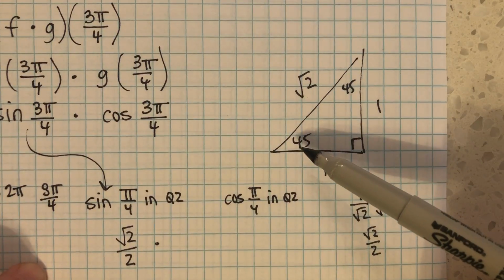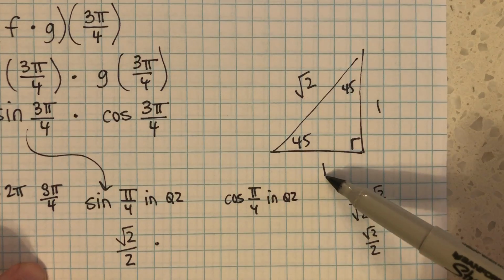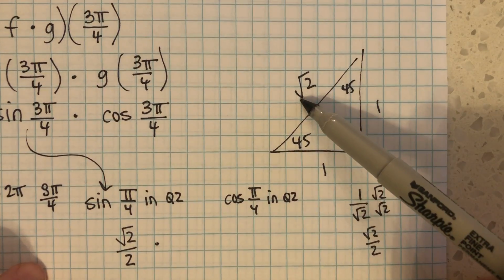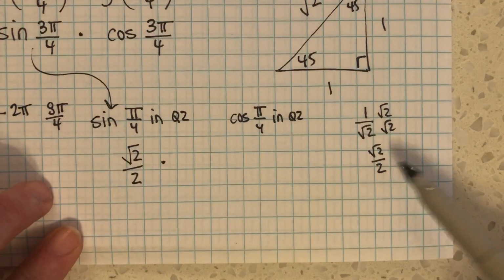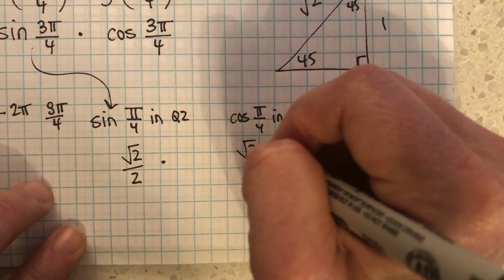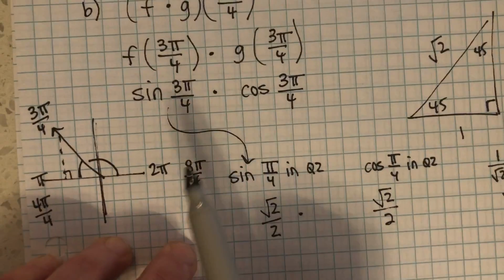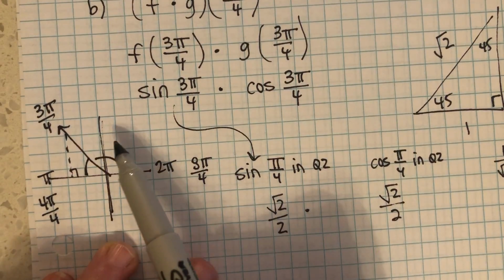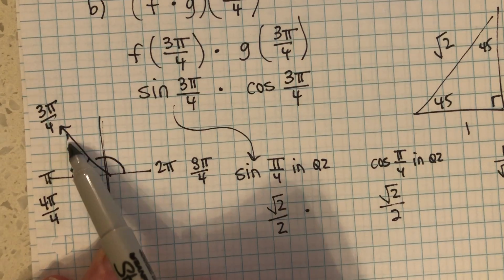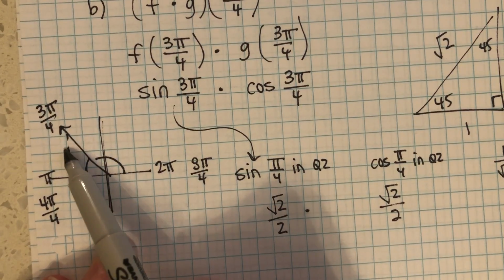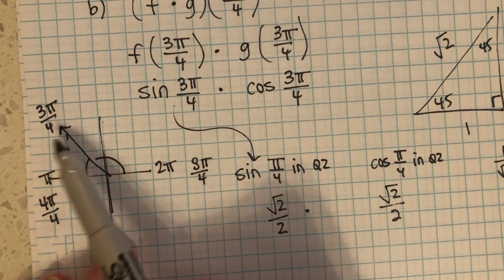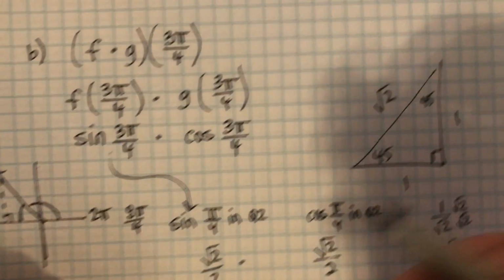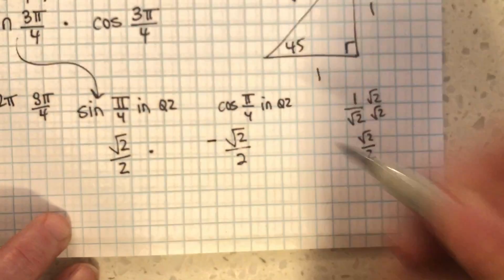Cosine 45, if I go off this one, is A over H. So 1 over root 2, which is also root 2 over 2. But is it positive or negative? Well, this angle was in quadrant 2. Only the sine ratio is positive for angles in quadrant 2, which means the cosine ratio, the x-coordinate, is negative for angles in quadrant 2. So that should be a negative root 2 over 2.